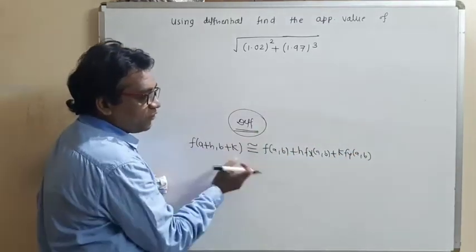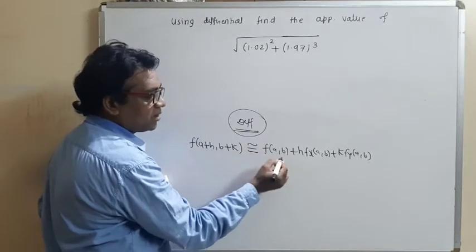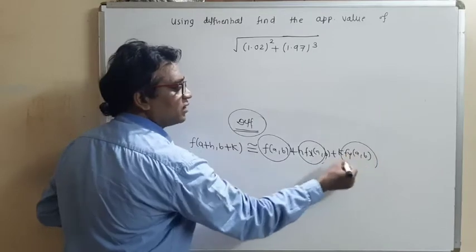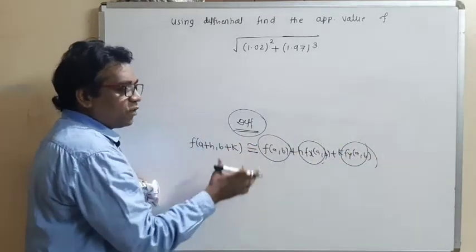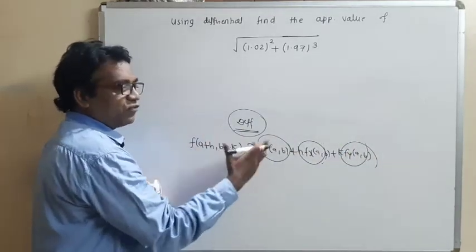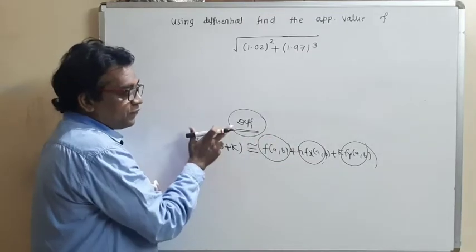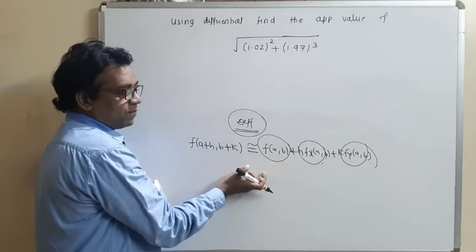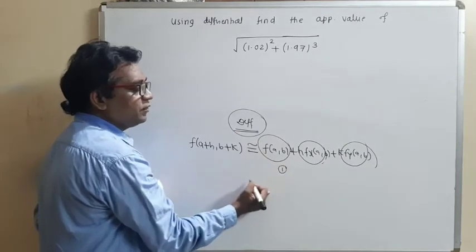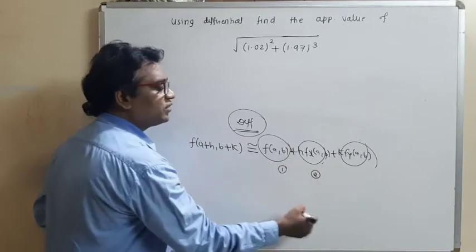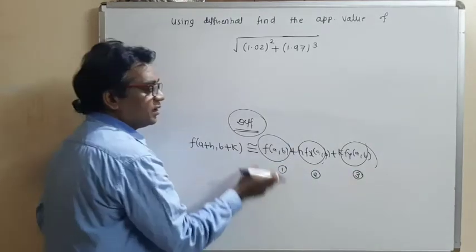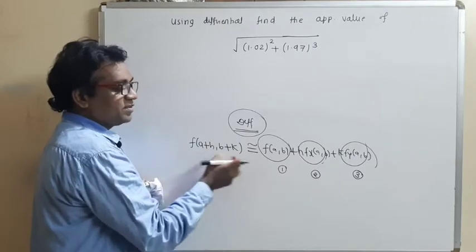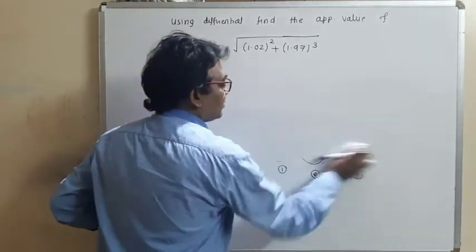So this differential formula contains three functions: f, fx and fy. It contains three functional values: f of ab is the first functional value, fx at ab is the second, and fy at ab is the third. And there are some numerical values, a plus h and b plus k.